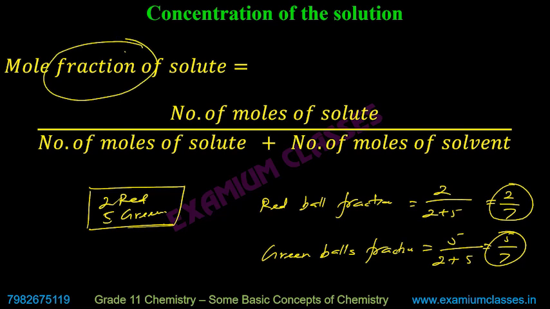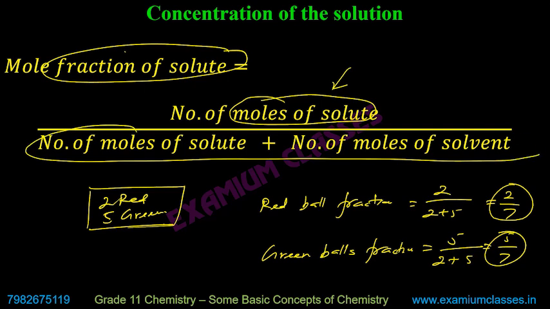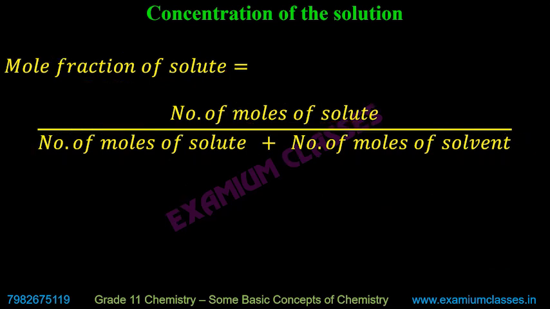in chemistry. Okay. So whatever moles you have of solute, you need to have that in the numerator. If mole fraction of solute is asked, solute moles will be in the numerator. Total moles, that is moles of solute plus moles of solvent, will be in the denominator. If the same question is for mole fraction of solvent, there are two ways to do that.